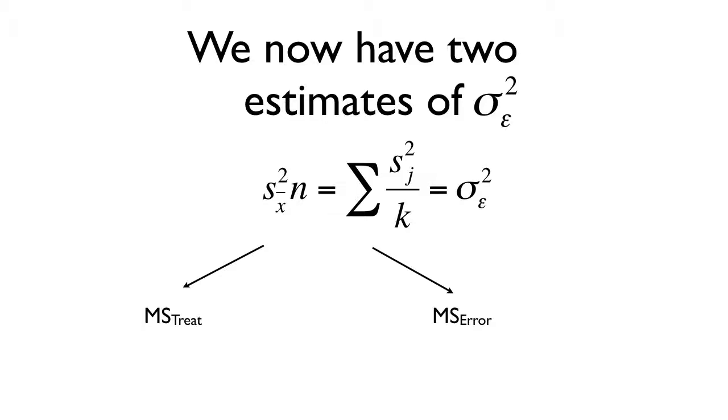You're different from you guys, from you guys. What happens here, mean squared error? What should happen if the groups are different or the same? In other words, if the tau thing is non-zero.